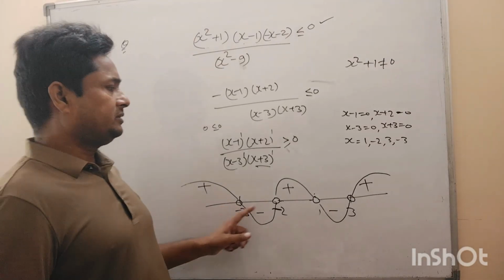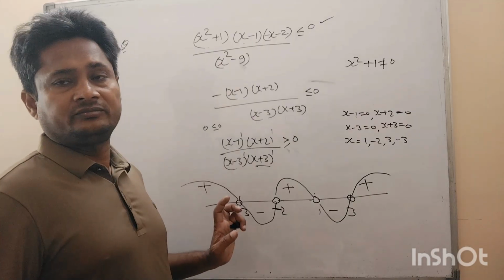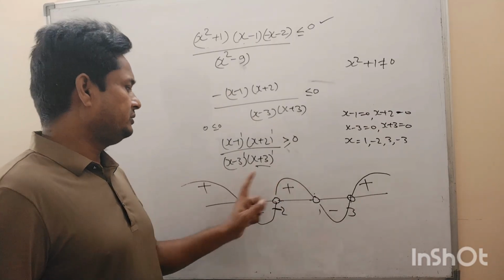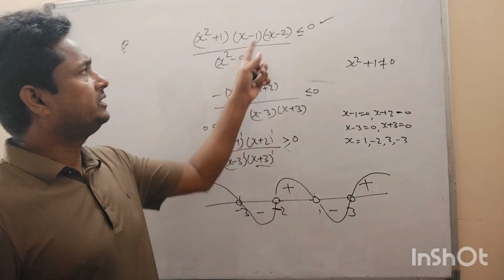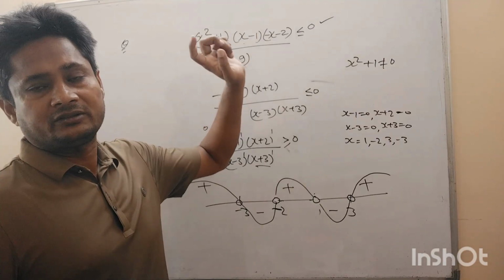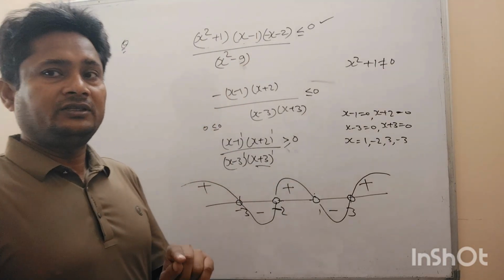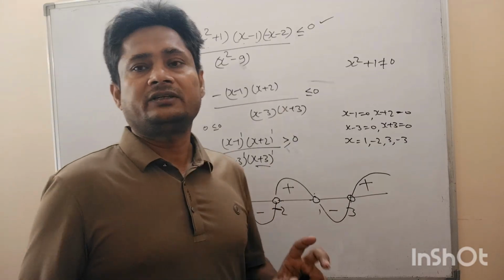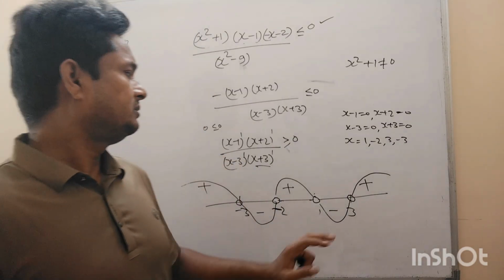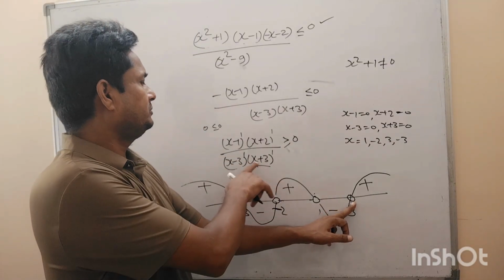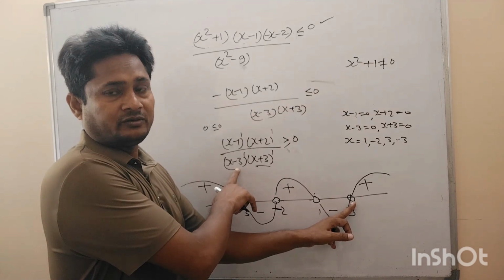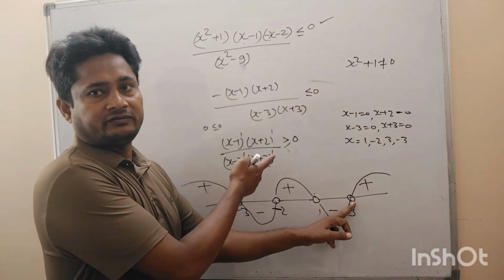Now check, the wave will be the same. Positive and negative will be the same because we haven't changed any powers of the factors. But in this case we have to check whether the roots are satisfying or not. So put x equal to 3 here. It is coming from the denominator, so it will not satisfy.